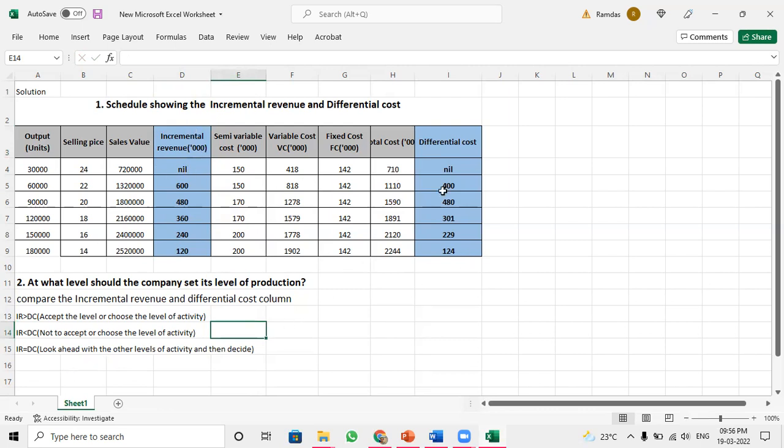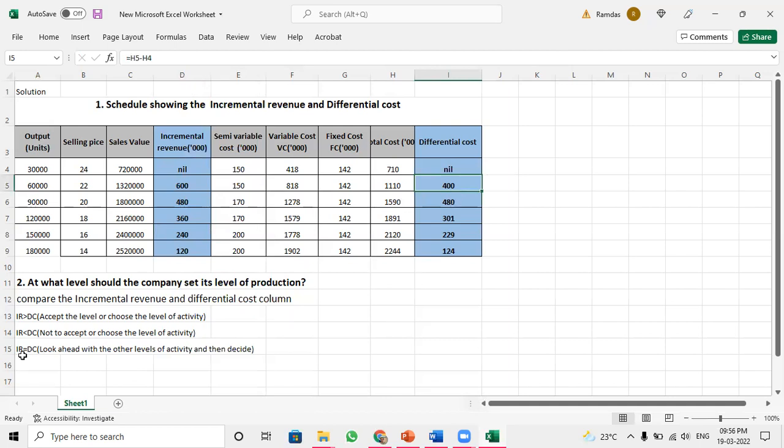So in the first year, the incremental revenue is nil and differential cost is nil. So we go ahead. The second level, we have 600 as the incremental revenue and 400 is the differential cost. So your cost is less here. Again, you look into the third level of activity, you have 480 as your revenue and your differential cost is also 480.